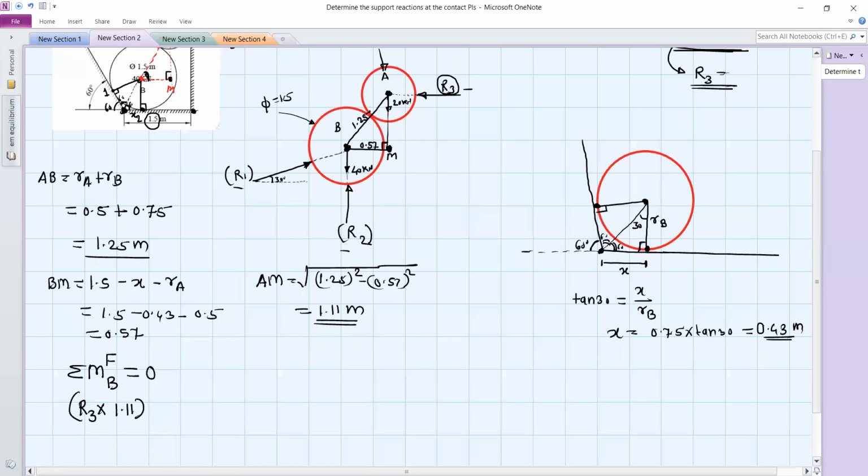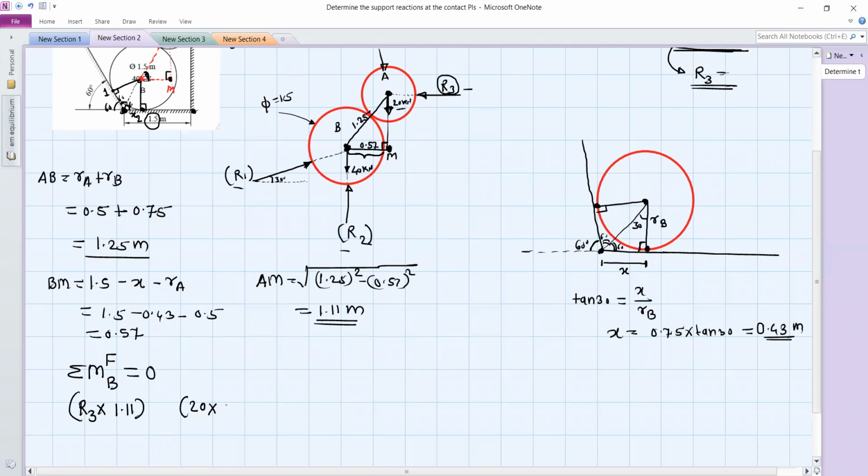Next we have this weight force, which is 20 kilonewton, into the perpendicular distance for 20 kilonewton. So if you extend this line, then this distance BM is the perpendicular distance for 20 kilonewton.